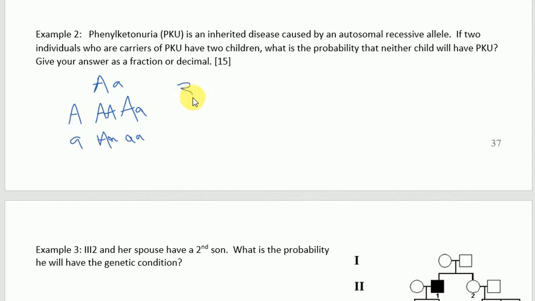Well, we know that 3 out of 4 will not have it. So there is child 1 and child 2. So you're going to take that 3/4 and multiply it for each child, which would be 9/16. Okay?